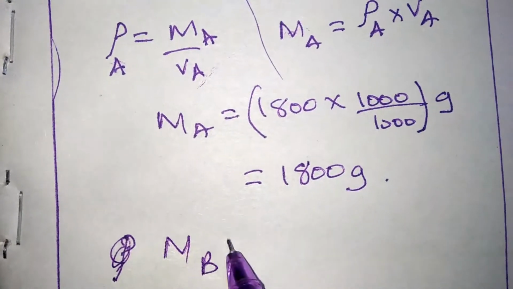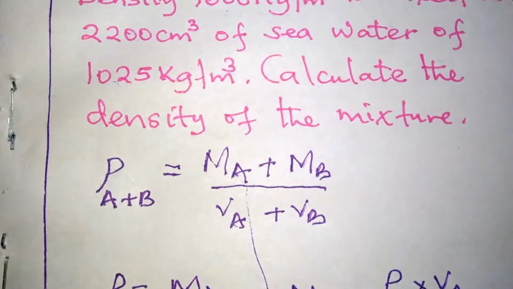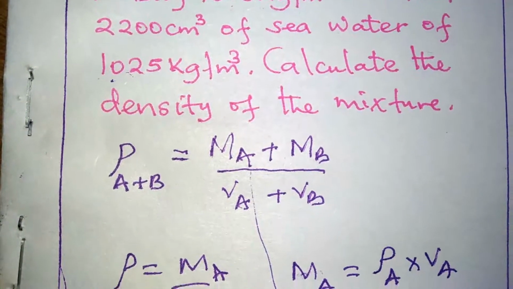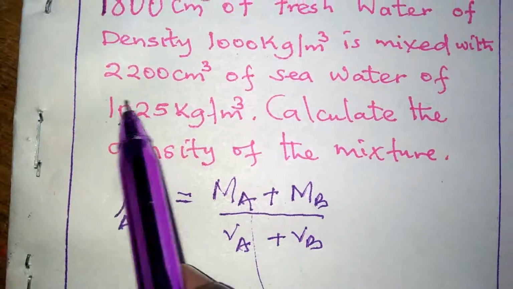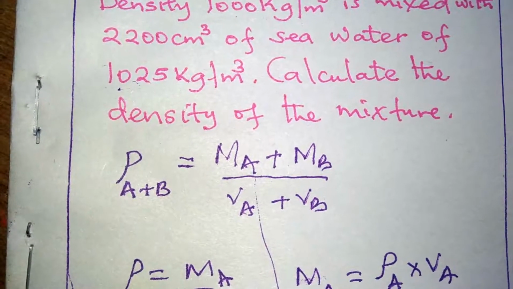If we do a similar thing for substance B, we will find that the mass of substance B would be equal to the density of substance B, in this case 1025, times the volume, which is 2200.